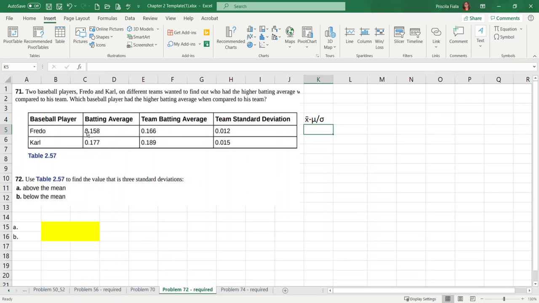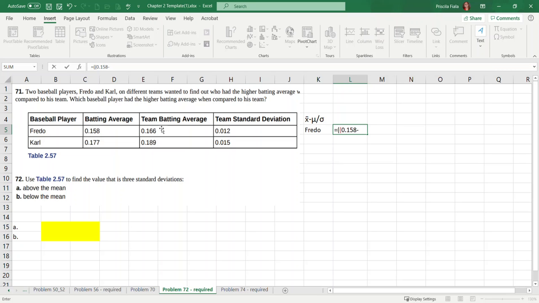So if you do Fredo first, you can do equals, and why did I put two parentheses? Because I'm doing this equation and then this equation. So what is the average or the mean for Fredo? 0.158. I'm following this formula, okay?